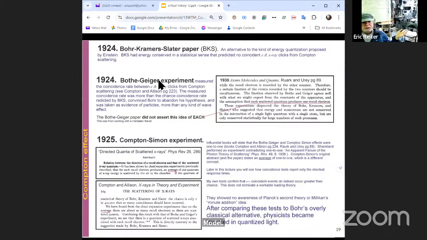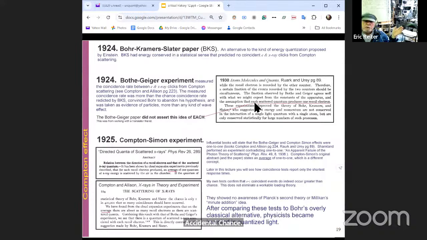So when Bothe and Geiger did the experiment with X-rays and charge detectors, they did see some level of coincidences, but how much of a coincidence, it's really ambiguous as to what kind of model it predicted, but it was more than accidental chance.